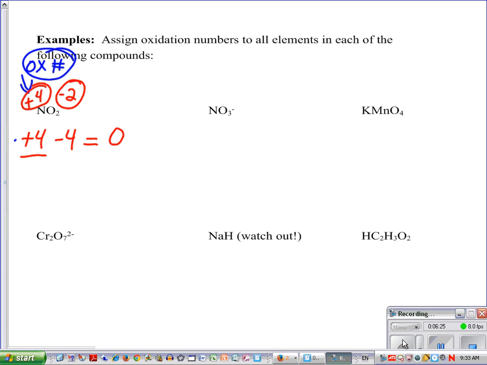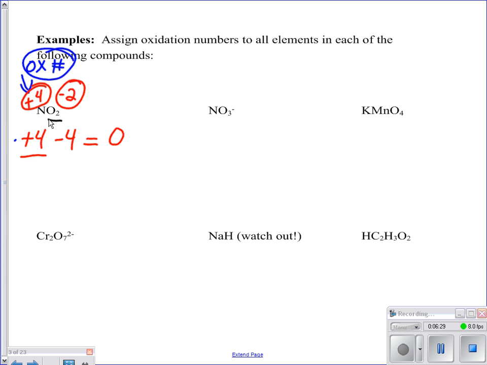Okay, and I got this question earlier too. Just received a question asking, how do we know that this is not peroxide? So remember, and I know it might look a little deceiving because we think peroxide's O2 with that -2 charge, but remember peroxide is a polyatomic ion.